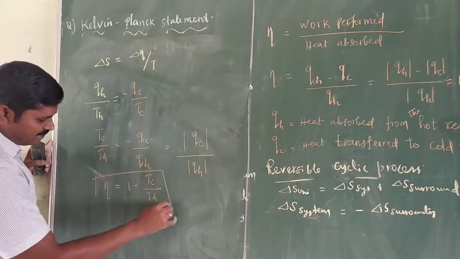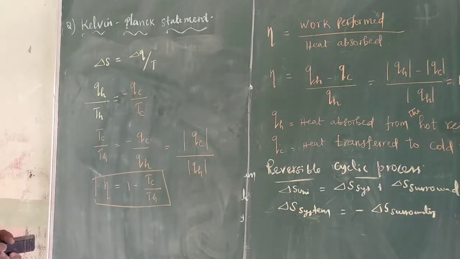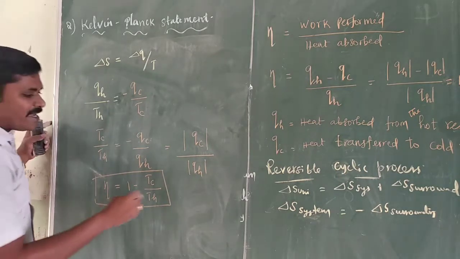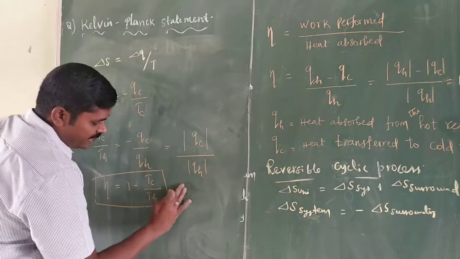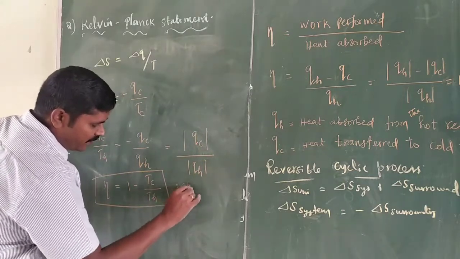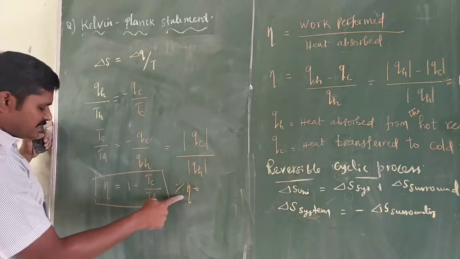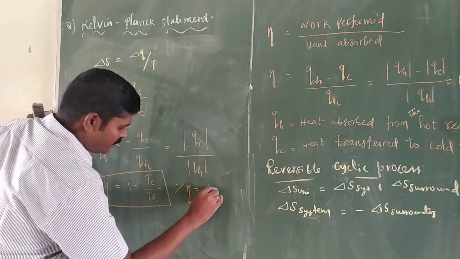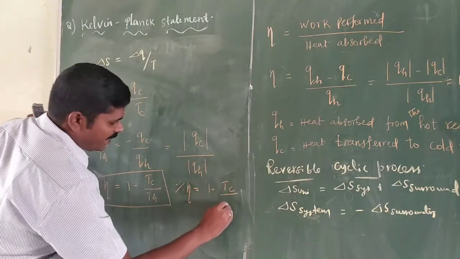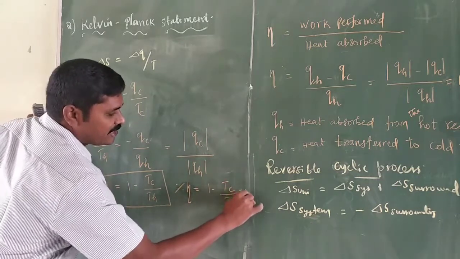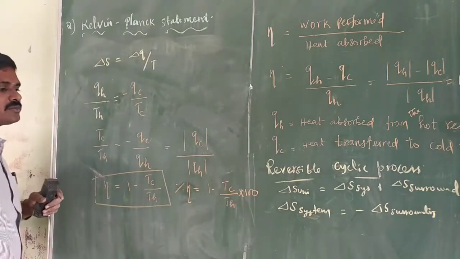The percentage of efficiency eta is equal to 1 minus TC by TH into 100.